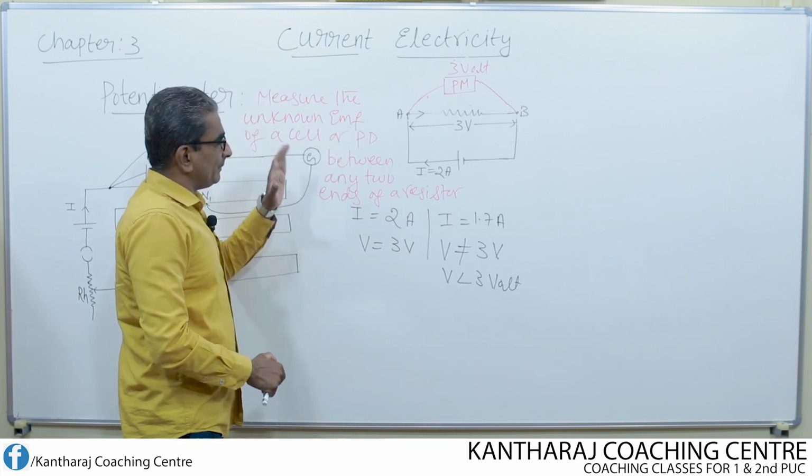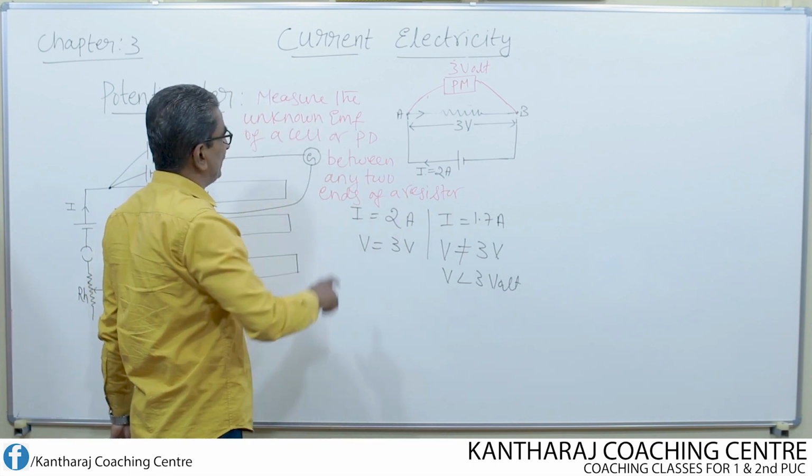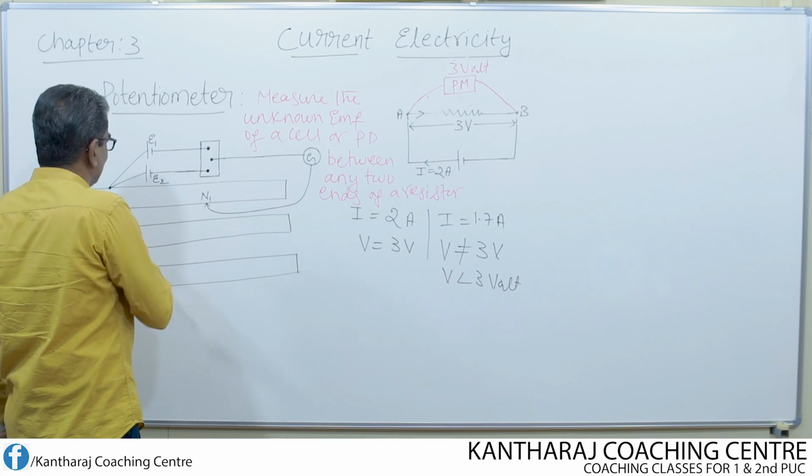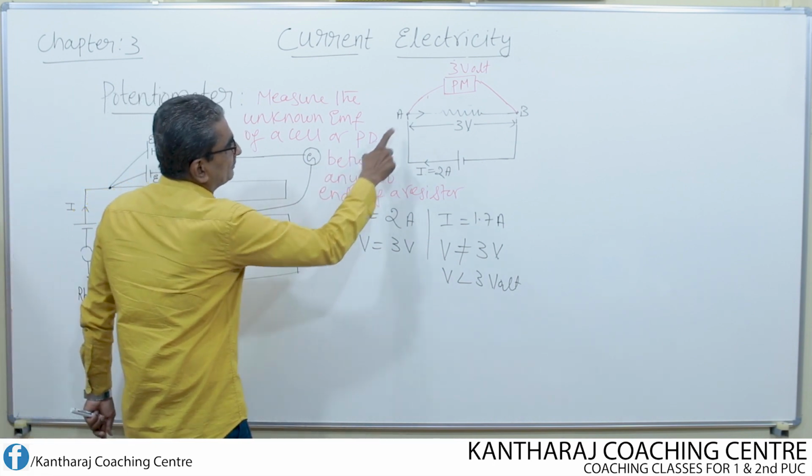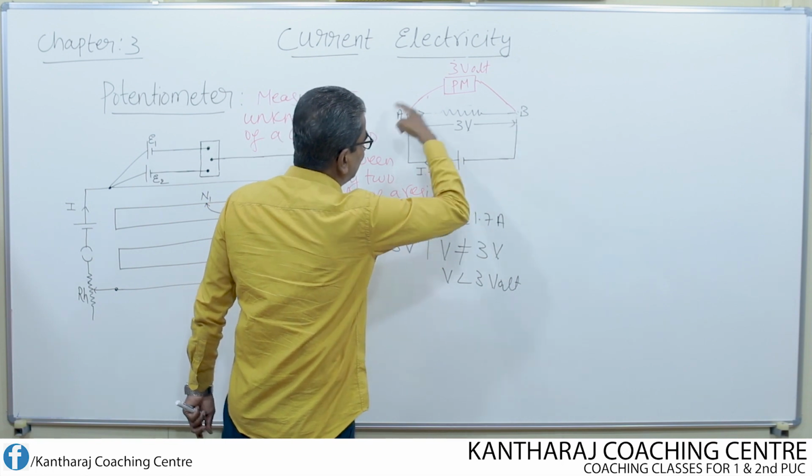So this is about the potentiometer: a device used to measure the unknown EMF of any cell, and also used to determine the potential difference between any two ends of a resistor in the circuit.